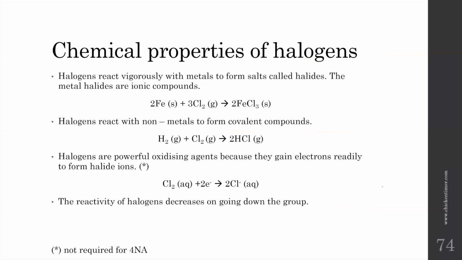So chemical properties, then chemical reactions. So number 1, they react with metals to form salts. So you have iron here. Iron reacts with chlorine to form iron(III) chloride. So this is number 1.